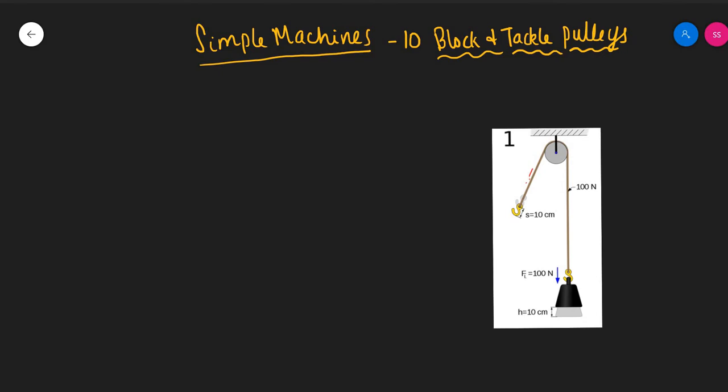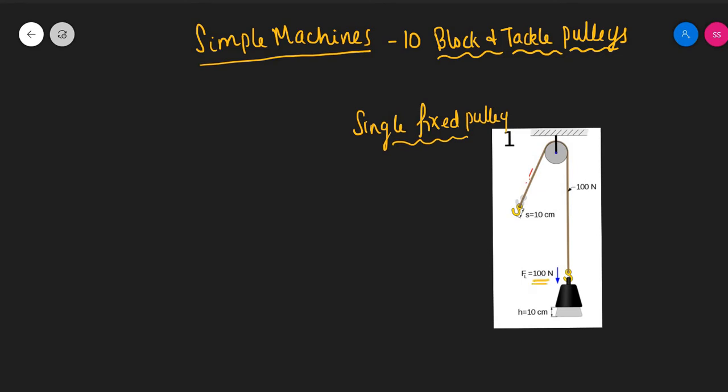Before we talk about block and tackle pulleys, a quick recap on a single fixed pulley. This is your single fixed pulley, and you have a load of 100 Newton.